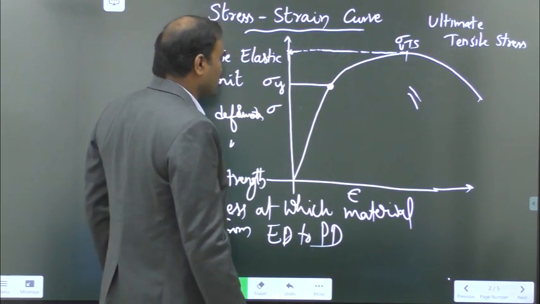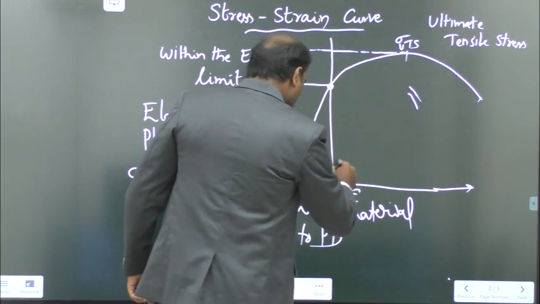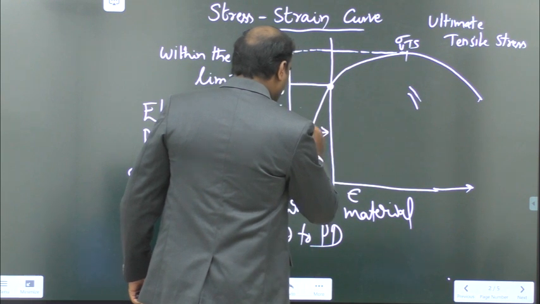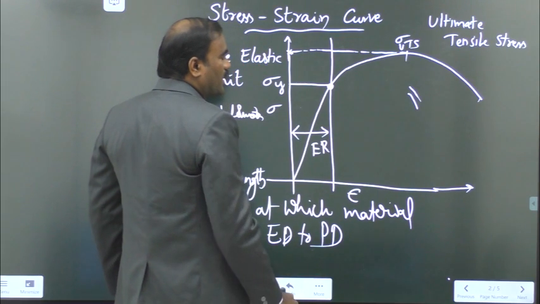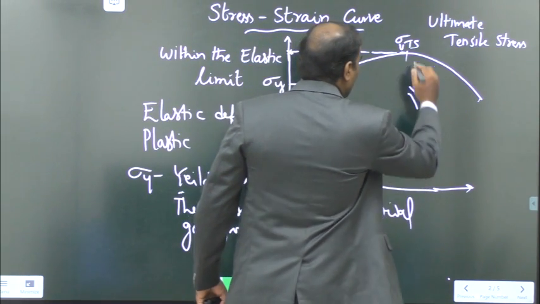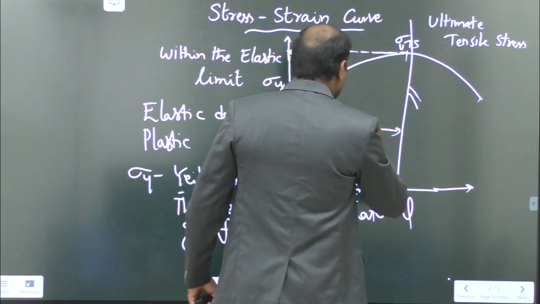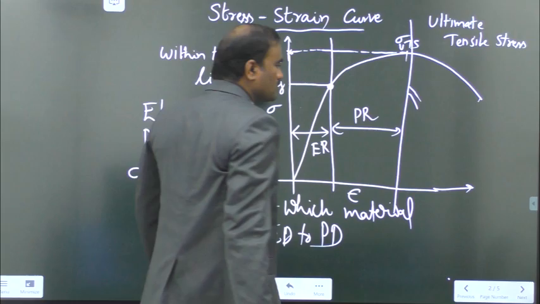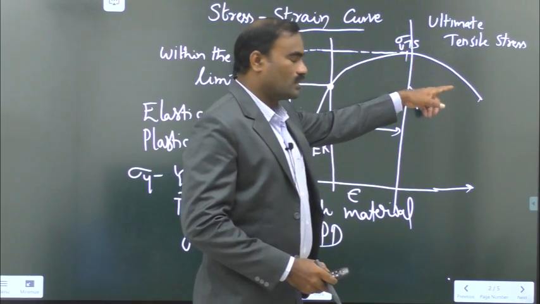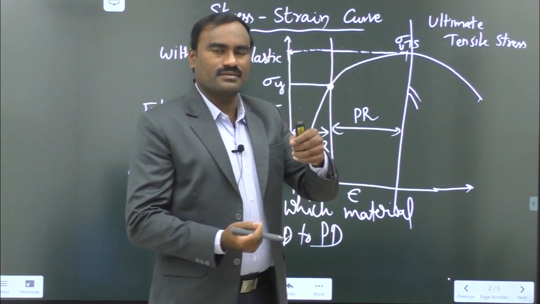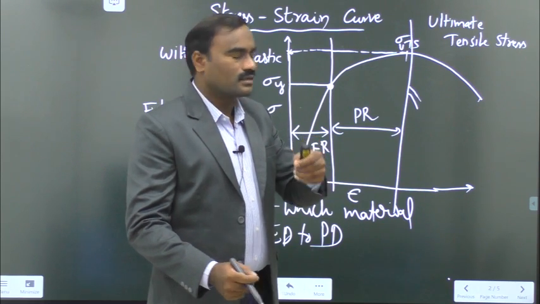So we have two regions. One is the elastic region, which we indicate with ER, and this is called the plastic region. After this, even if you don't apply the force, the material undergoes a huge strain.